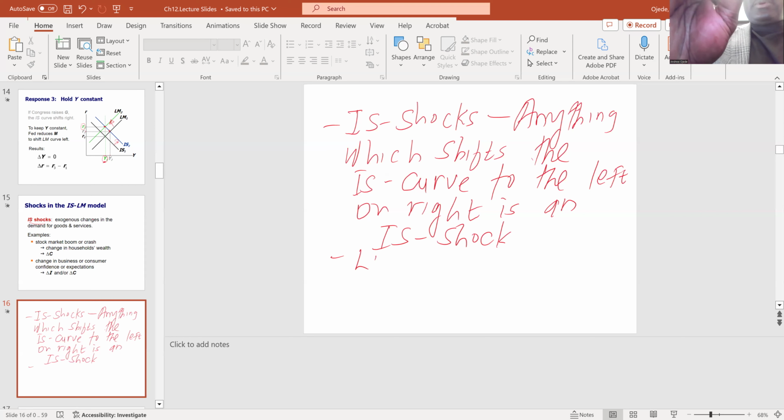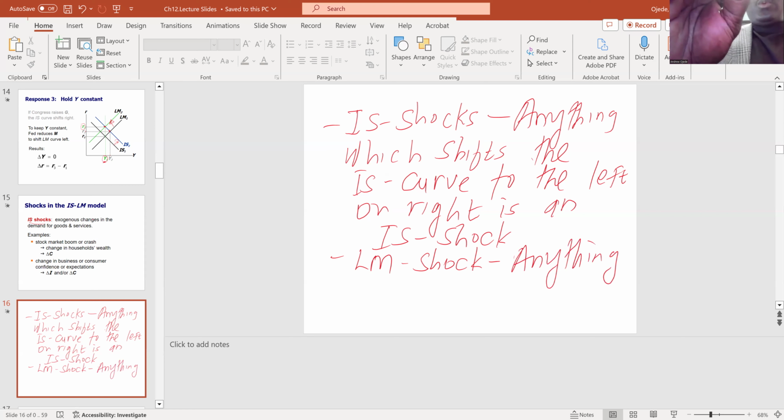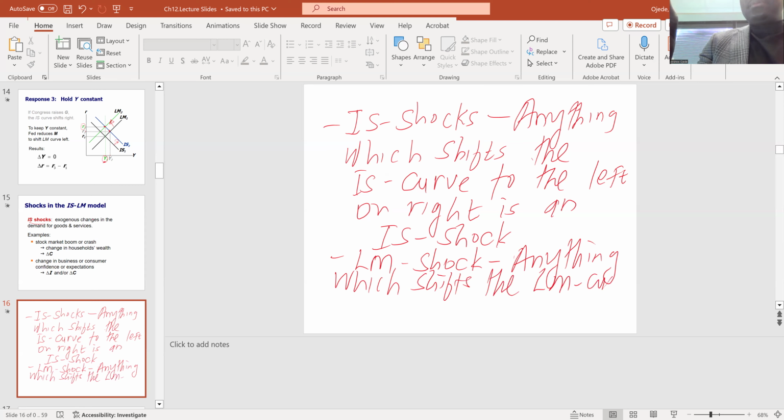And then we're also going to talk about the LM shock. You know the LM shock: anything which shifts the LM curve, including monetary policy by the Fed, to the left or right, is an LM shock.